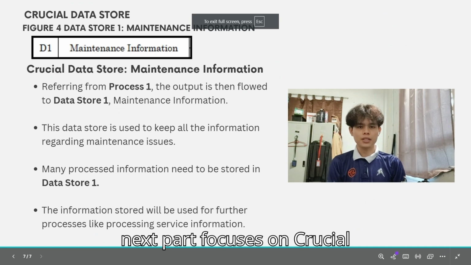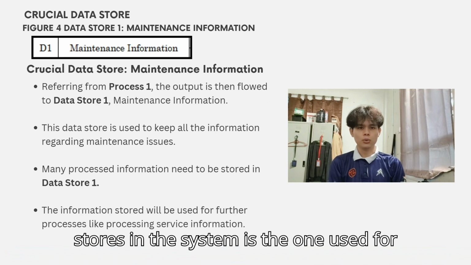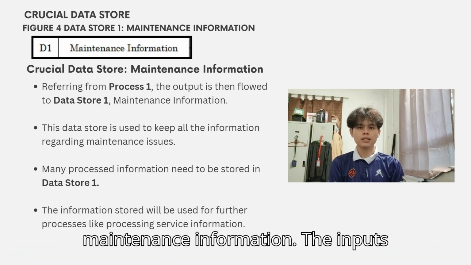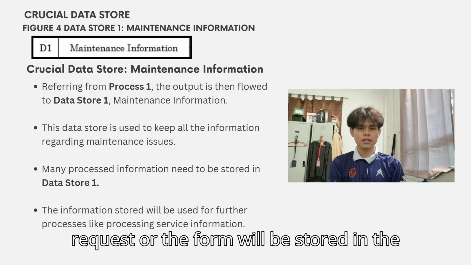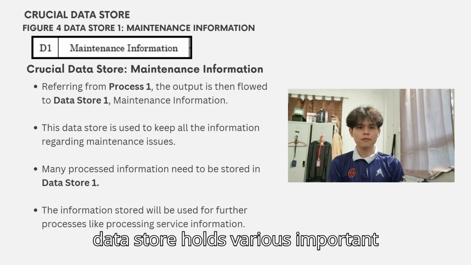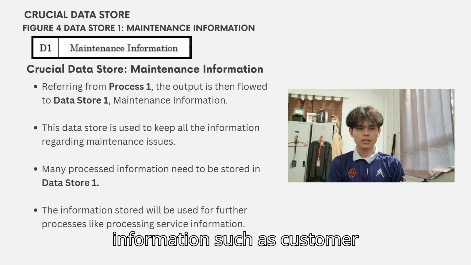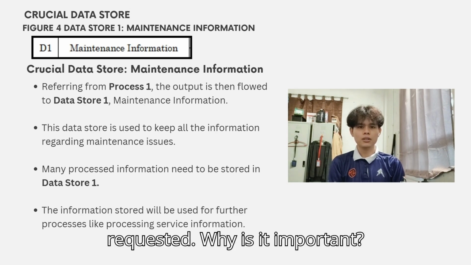The next part focuses on the crucial data store. One of the most important data stores in the system is the one used for maintenance information. The inputs provided by the user when filling out a request form will be stored in the maintenance information data store. This data store holds important information such as customer details and the type of service requested.